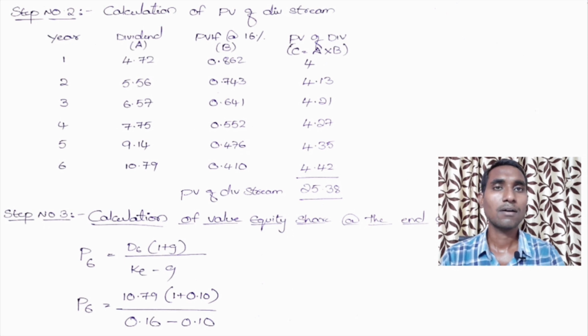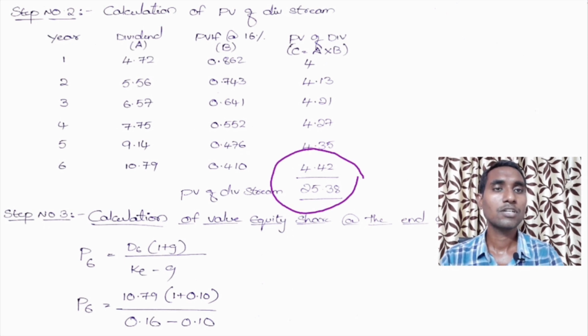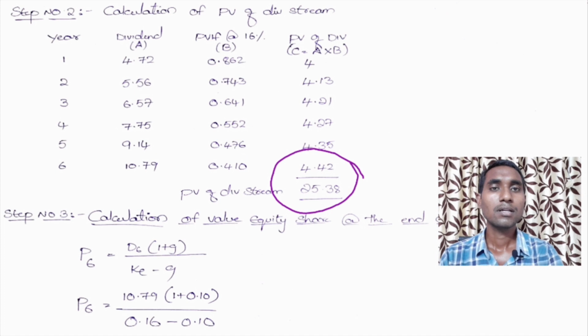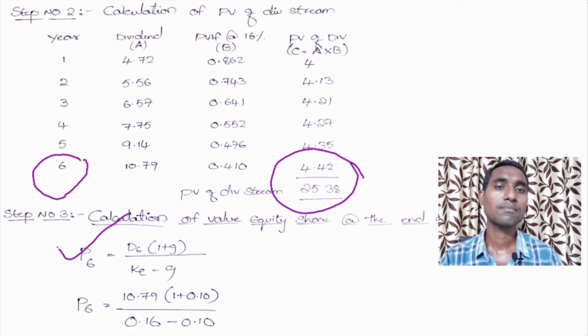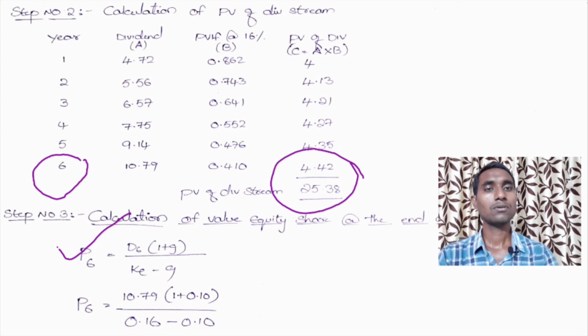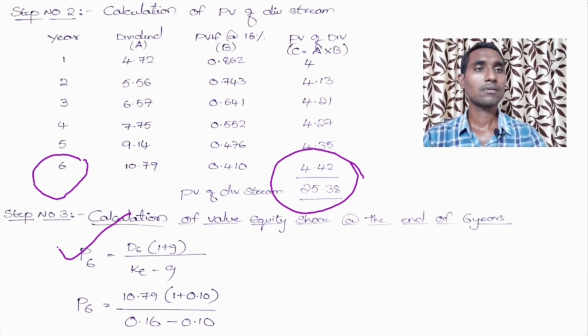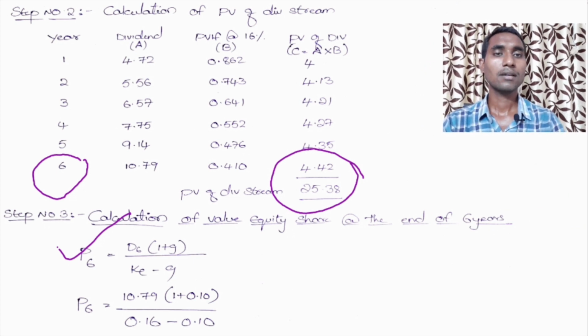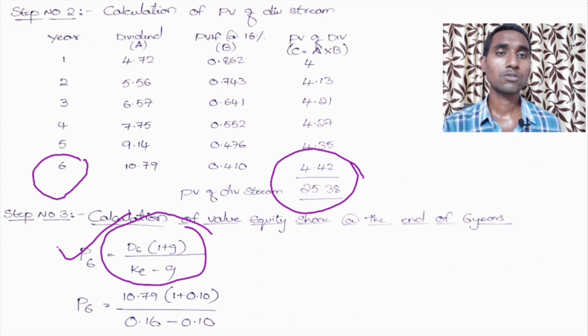After calculating the dividend stream, the next step is we need to find the price at the end of the supernormal growth period. The supernormal growth period ends at the 6th year, so we need the price at the end of the 6th year. It can be found by using the constant growth rate model formula, that is P6 equals D6 into 1 plus G by KE minus G. I have substituted here, but you need to be careful.